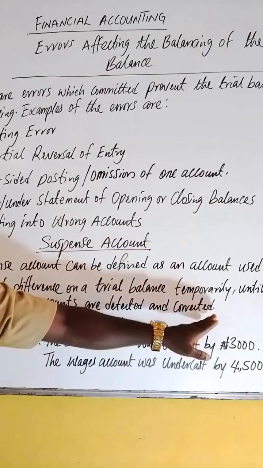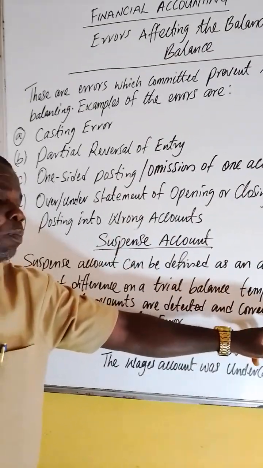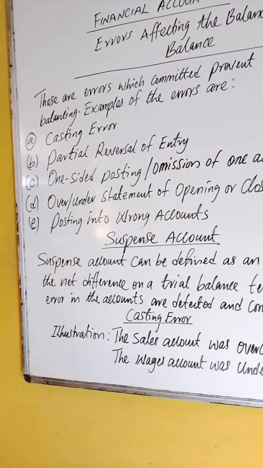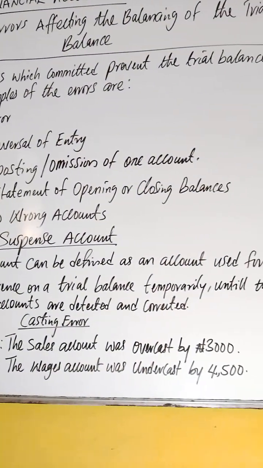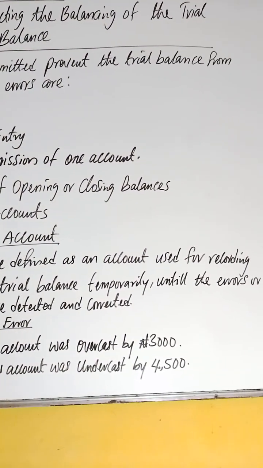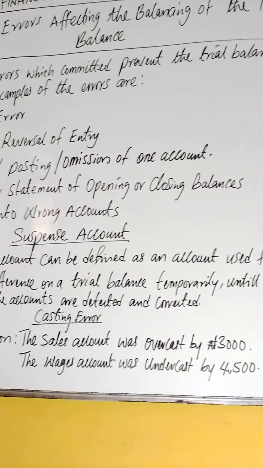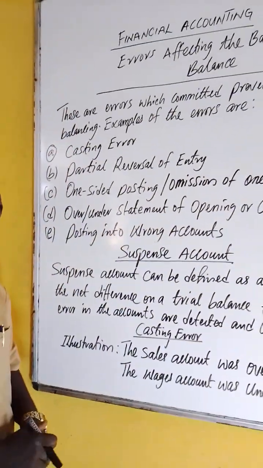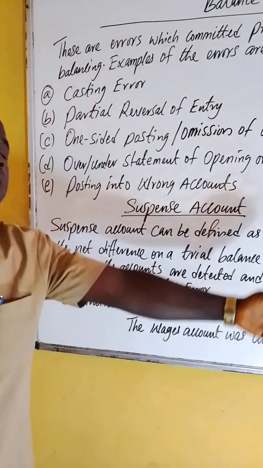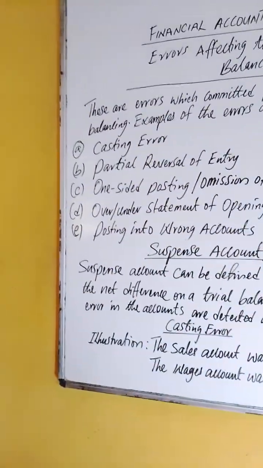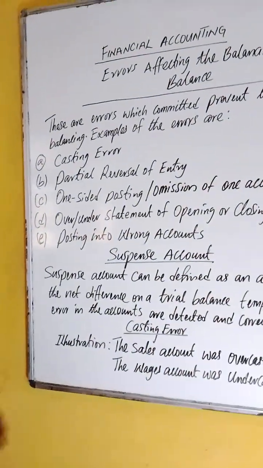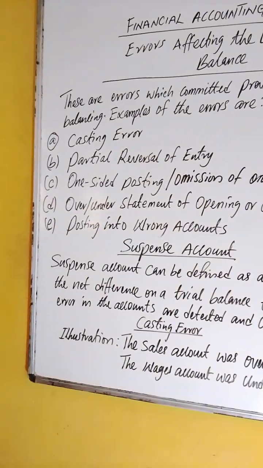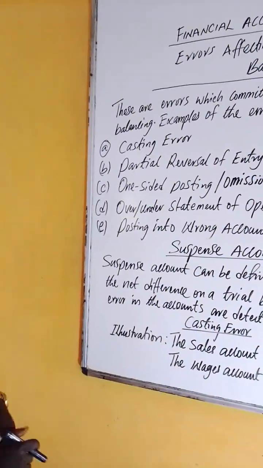That is, as you prepare the ledger accounts, you post into the ledger accounts, prepare your trial balance and discover that either the debit side or the credit side is more. That difference that makes the trial balance not balance is now taken to what is called a suspense account, either on the credit side or the debit side, pending when investigation is carried out to detect the error or errors committed that made the trial balance not balance.